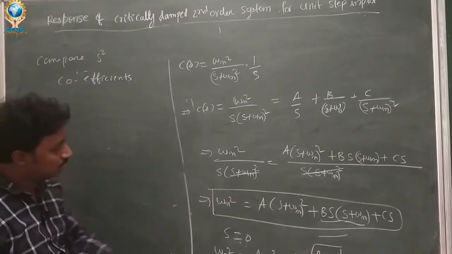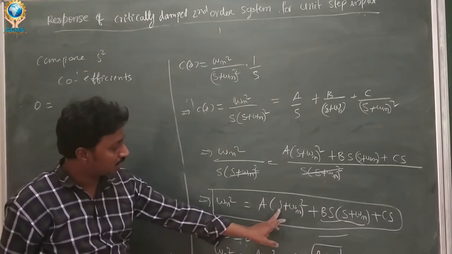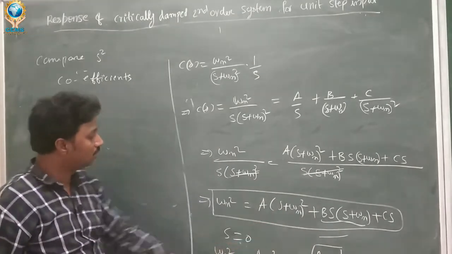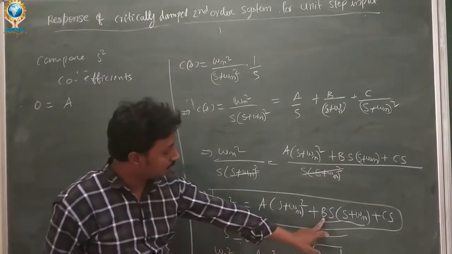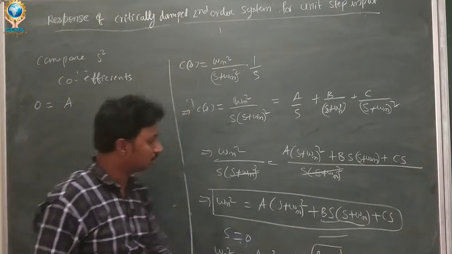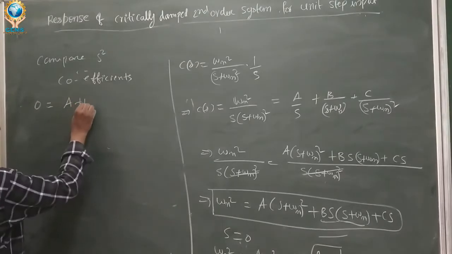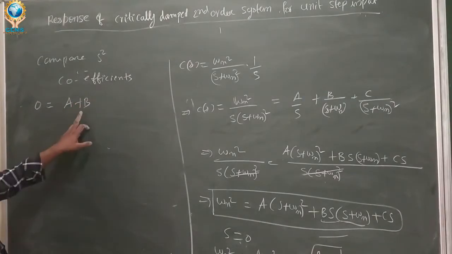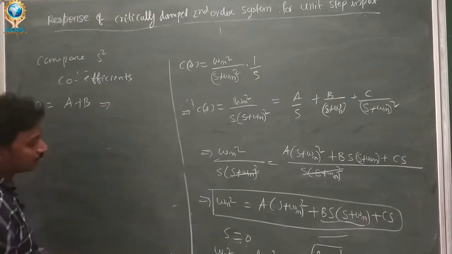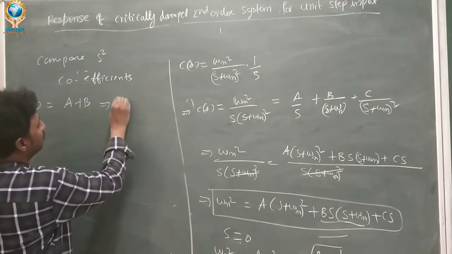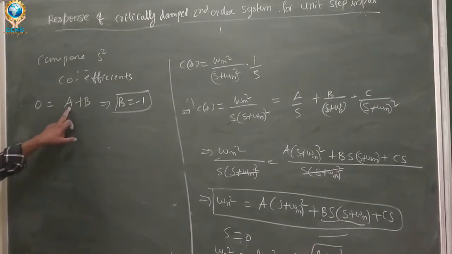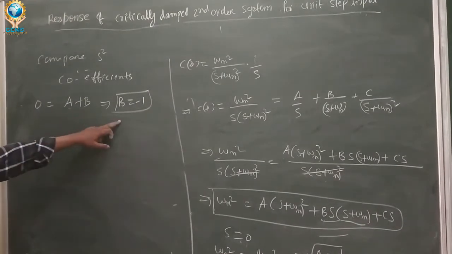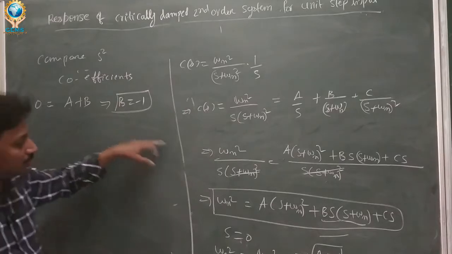On the right side, if you multiply a into s square, you will get a s square, and if you multiply inside b s square, the s square coefficient is b, right? So substitute a is equal to 1 here. So a plus b is equal to 0, b is equal to minus 1.